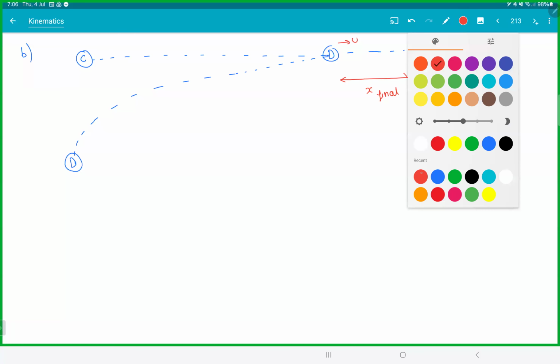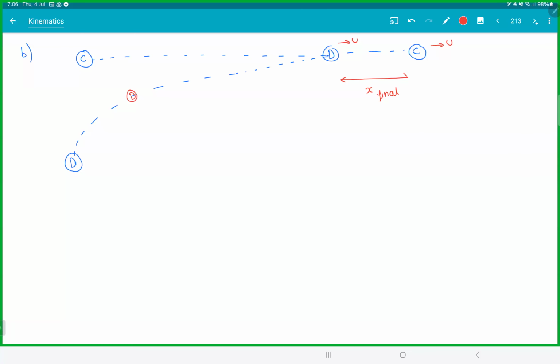Great. Now, at any instant for the dog, if this was the velocity and this was angle theta, the horizontal component was v cos theta.